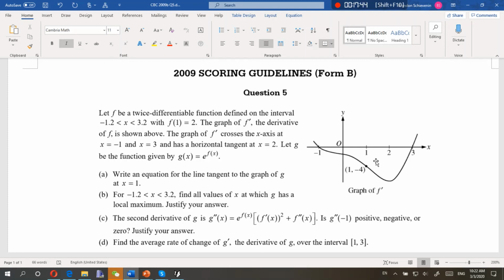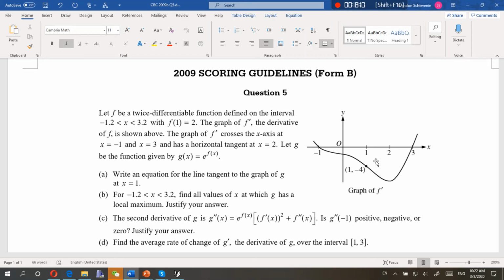Okay, we know we've got a maximum there. I don't think it's going to matter.